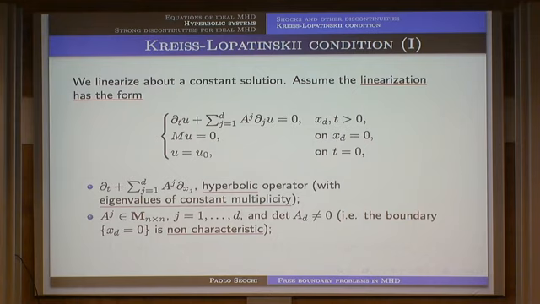So here we have a hyperbolic system with constant coefficients in a half space, xd positive, for positive times. We have some boundary conditions in homogeneous form obtained from the linearization of the Rankine-Hugoniot conditions, and some initial data here.